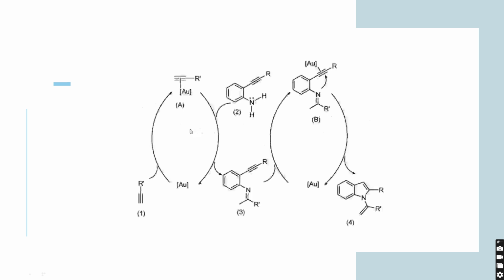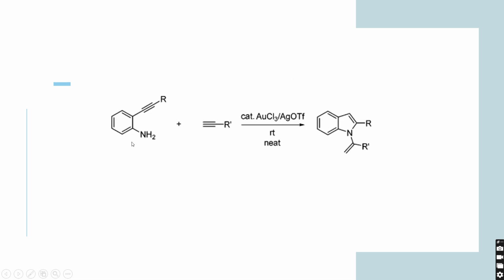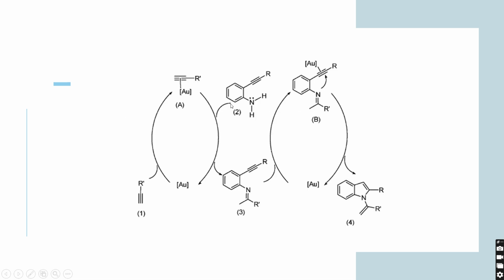So the reaction starts from here. Look at the second center, the compound number 2, which is this substrate, aniline. At first, this alkyne is going to be activated using gold catalyst.